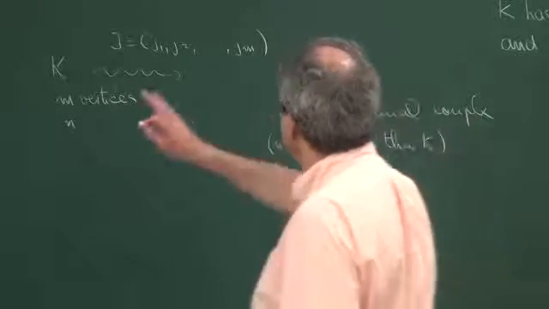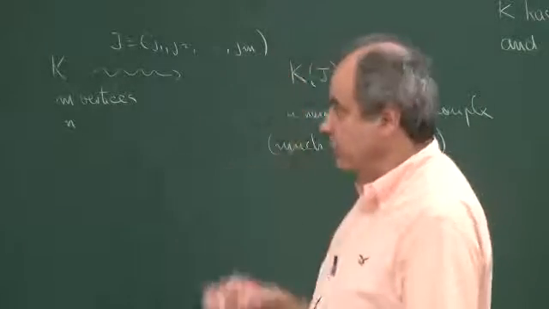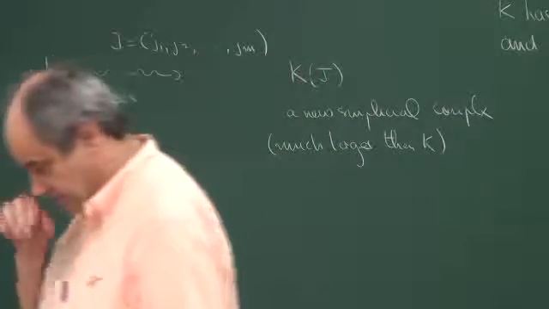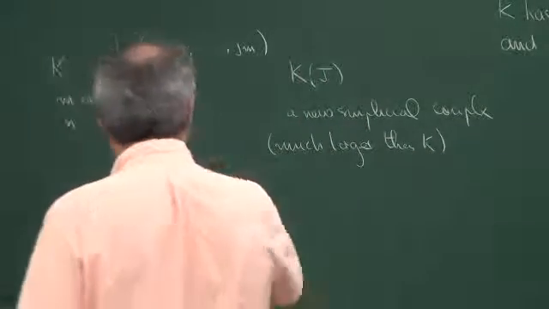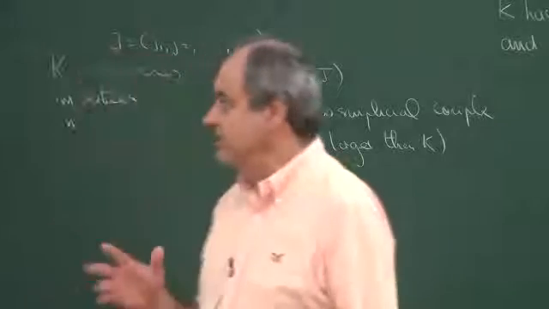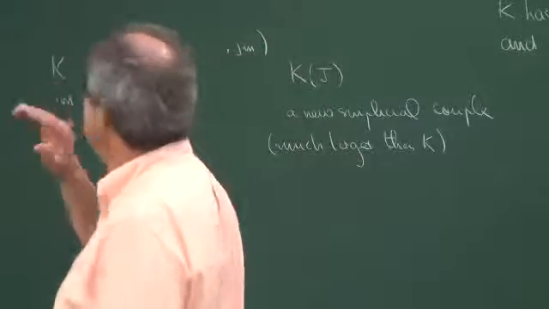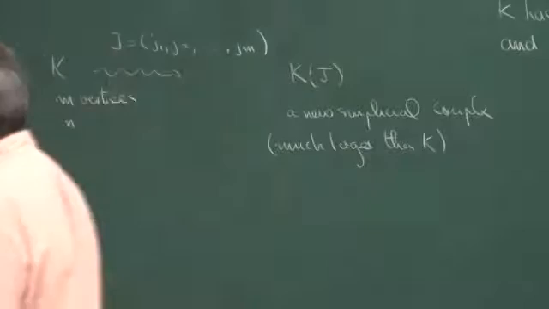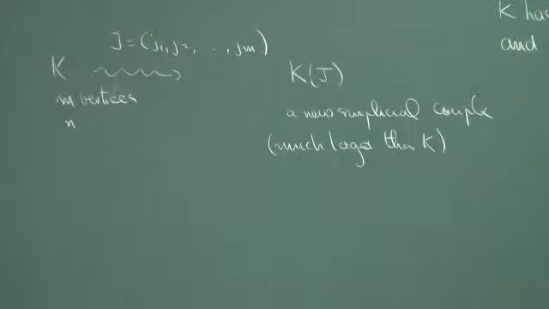There is an explicit construction for making this simplicial complex, but I won't be describing it today. I'm going to describe the simplicial complex in the following way. One way to describe a simplicial complex is to start with a simplex with m vertices and then remove simplices from it until you reach your simplicial complex. Every simplicial complex embeds in a simplex.